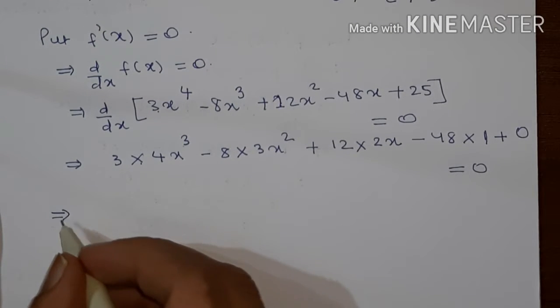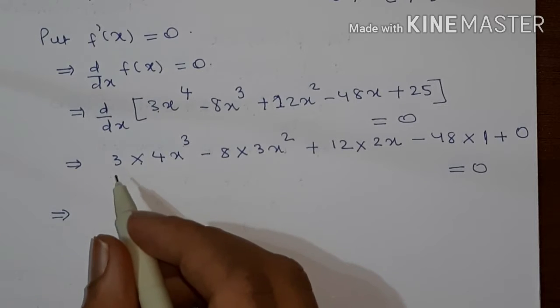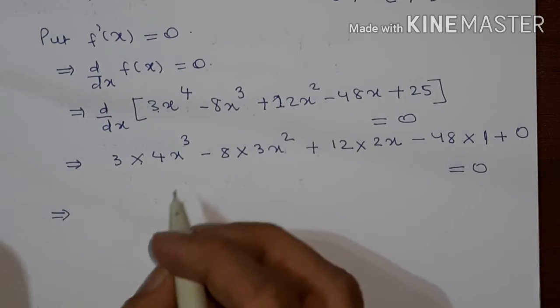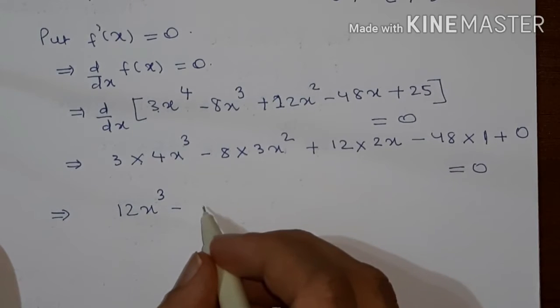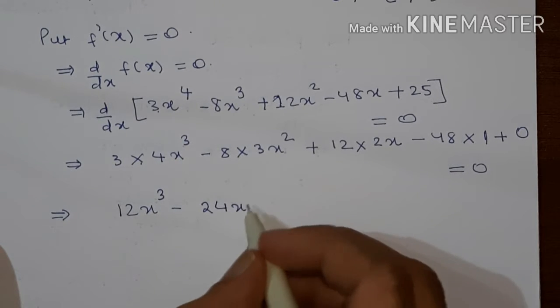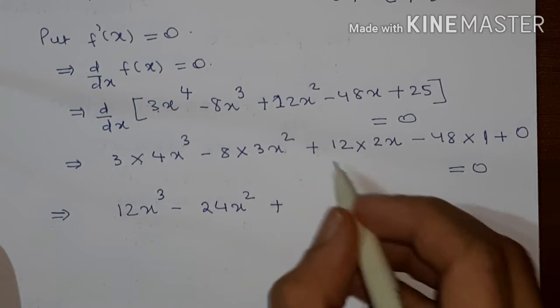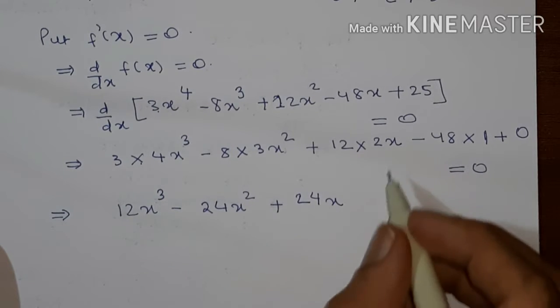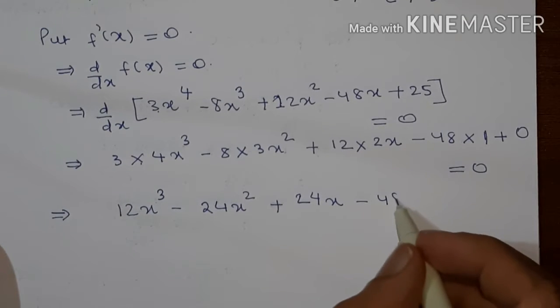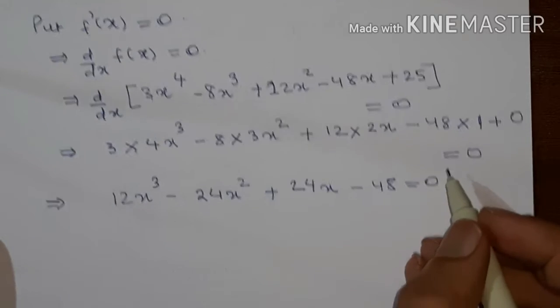So now what we get? 3 times 4 is 12x cube minus 8 times 3 is 24x square plus 12 times 2 is again 24x, and this is minus 48 equal to 0.